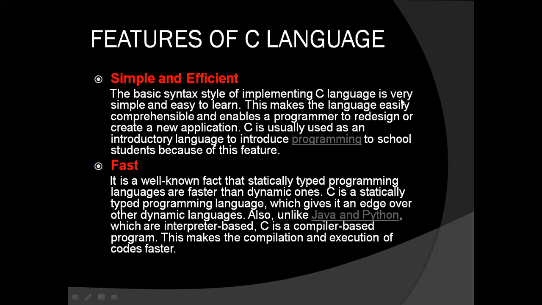This makes the language easily comprehensible and also enables a programmer to redesign or create a new application. C is usually used as an introductory language to introduce programming to school students because of this feature.